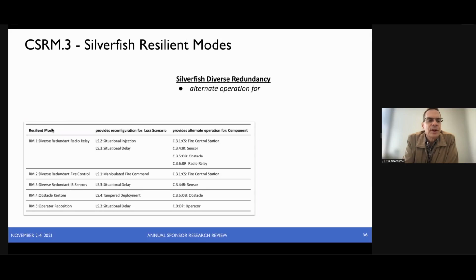In addition, for each resilient mode, we're noting the relationship to the components that are impacted by that resilient mode. This is showing ahead, but we'll get to the loss scenarios in the next step.